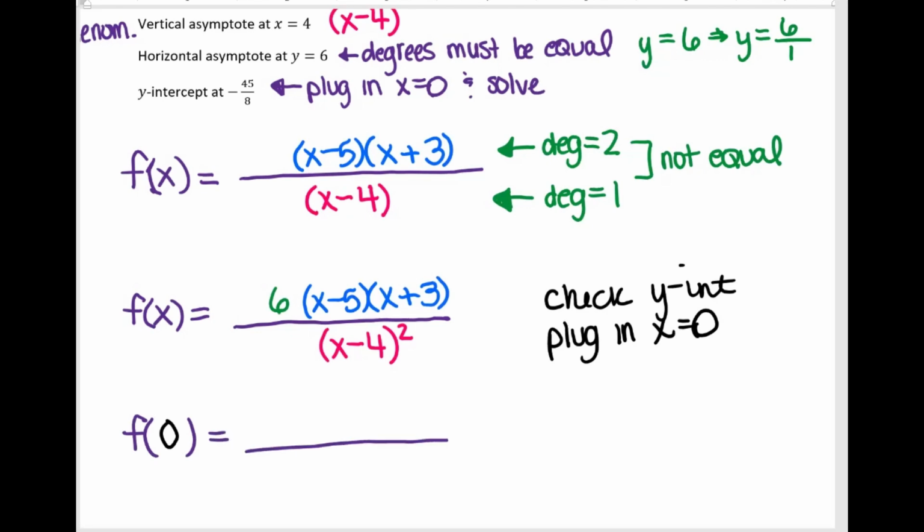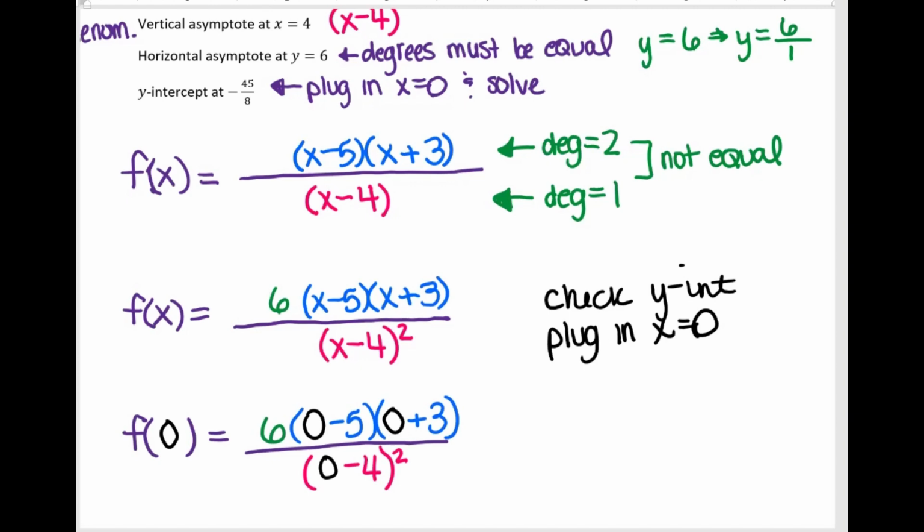My 6 is going to stay the same. I'm going to have 0 minus 5 instead of x minus 5, 0 plus 3 instead of x plus 3. And in the bottom, we're going to have 0 minus 4 quantity squared instead of x minus 4 quantity squared.